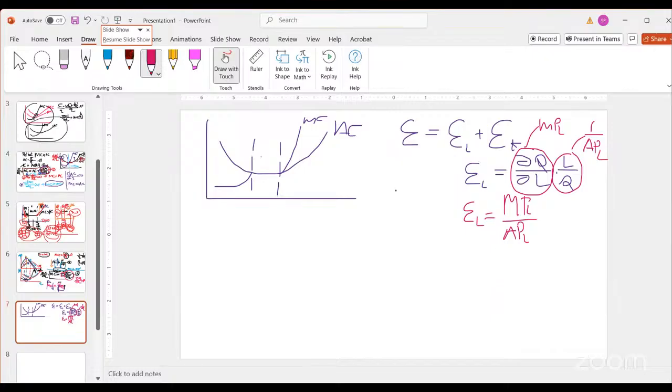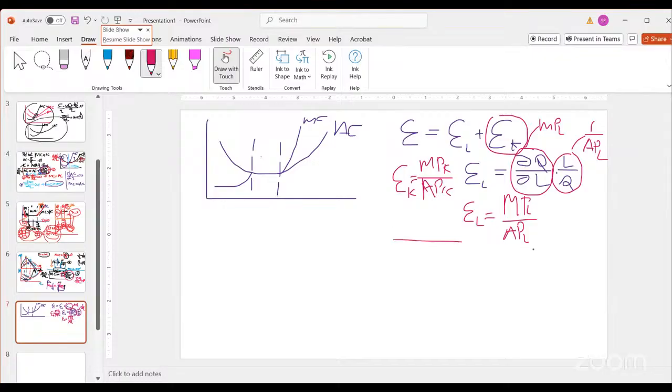Now, similarly, we can write the capital output elasticity also. That is marginal product of capital divided by the average product of capital.